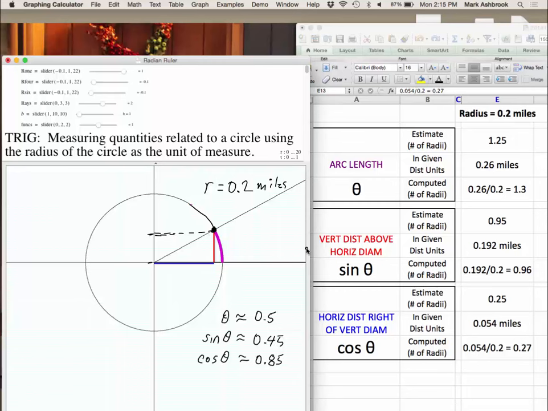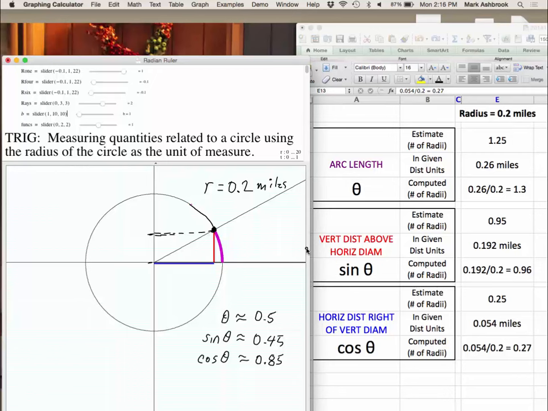0.85 divided by 0.2. Okay, we got multiply too. Which is it? Divide or multiply? This is 0.85 radius lengths, right? It's like the fraction of the radius length that we're over here. So don't we want that same fraction of 0.2 miles to get miles?